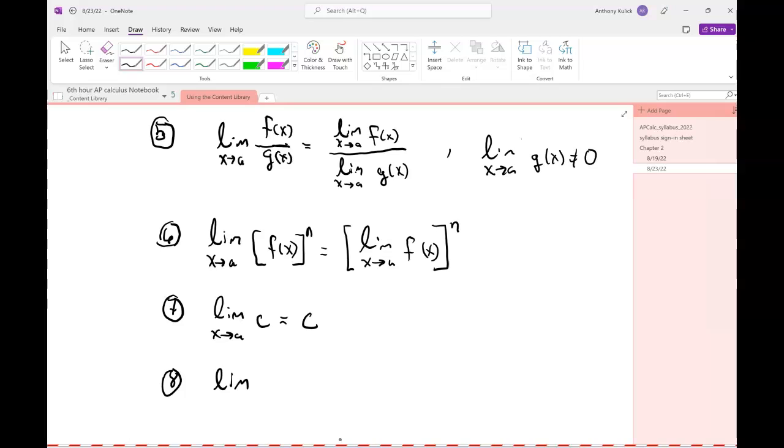So the limit as x approaches a of x, that is going to be equal to, what do you think? Right? If x is turning into a, as x approaches a, and all we have is x, that better be going to a, right?